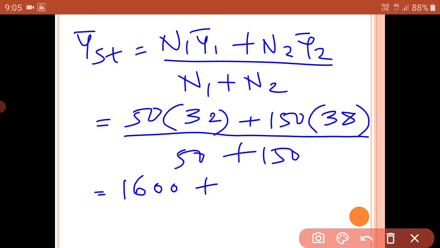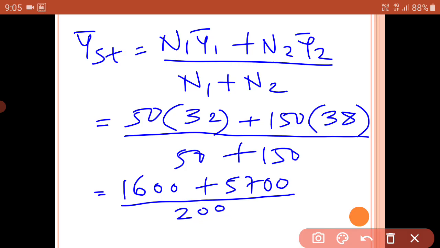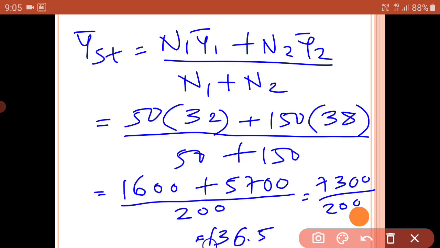Then 150 into 38 gives 5700. The sum is 7300. Then divide by 200. Your answer is 36.5, which is y bar st.